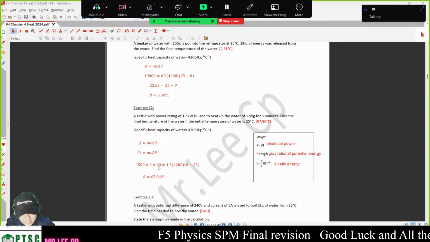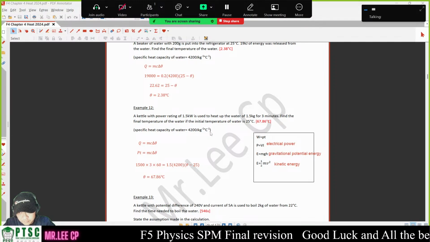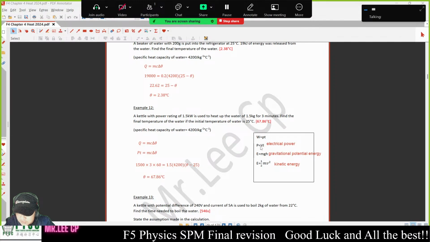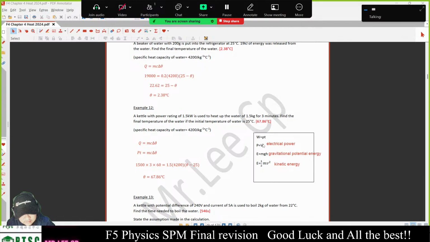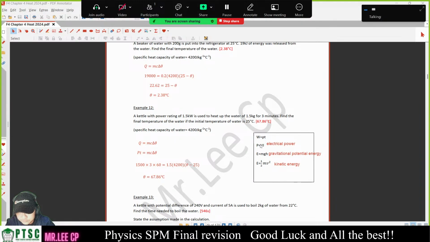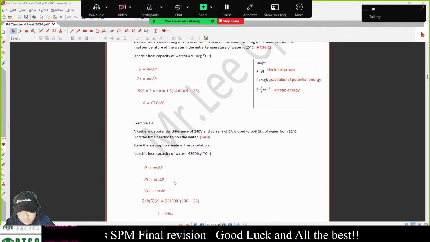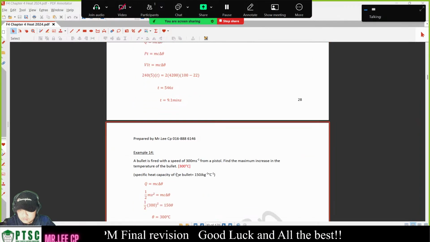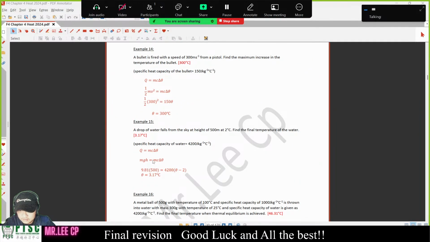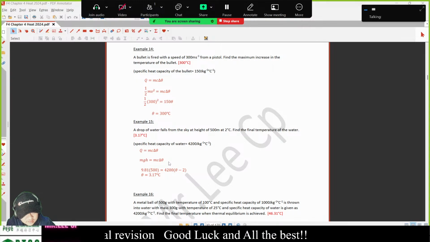Time must be in seconds. If you don't have power, then they will give you voltage and current. Make sure you know. Or E is equal to mgh also can. So for this kind of question, mgh is equal to mc theta.